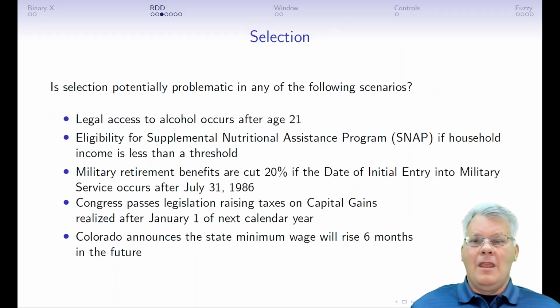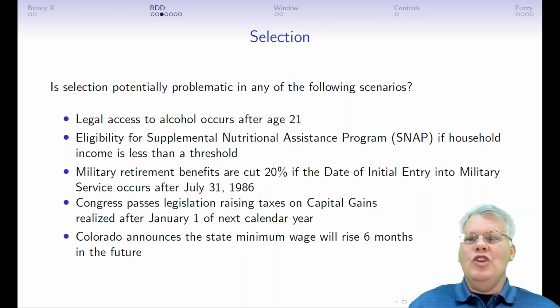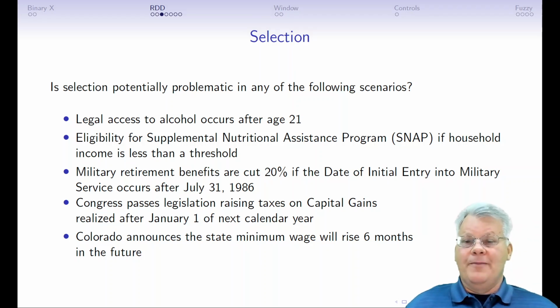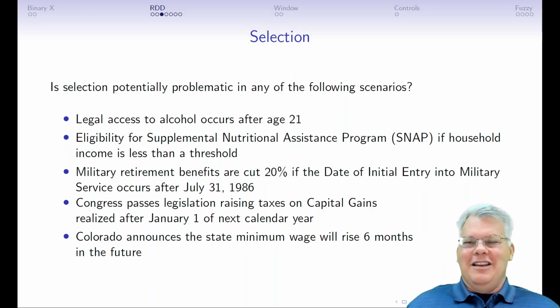Okay. So, speaking of selection, I wanted to present these possible scenarios to you and ask you to think whether we have any potentially problematic selection issues. So I've already kind of made the case that the first example is free of potential selection into or out of treatment.